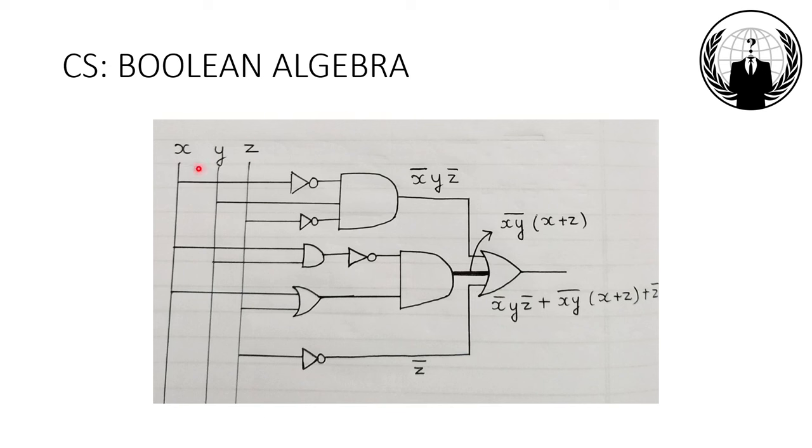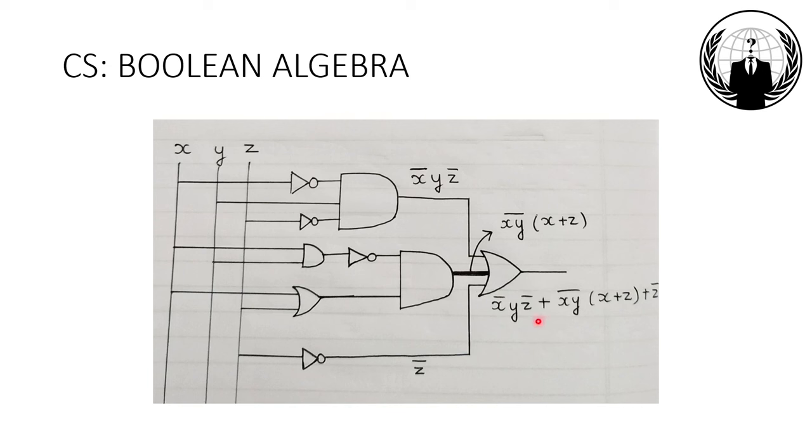So we write x, y, and z and draw straight lines parallel to each other. Then, as we have x complement in the question, we use the NOT gate to find the complement of x, and here comes the y, which is directly joined by the AND operator. Then for z complement, similarly we use the NOT operators, AND operators, and OR gates, and then we get the desired result.